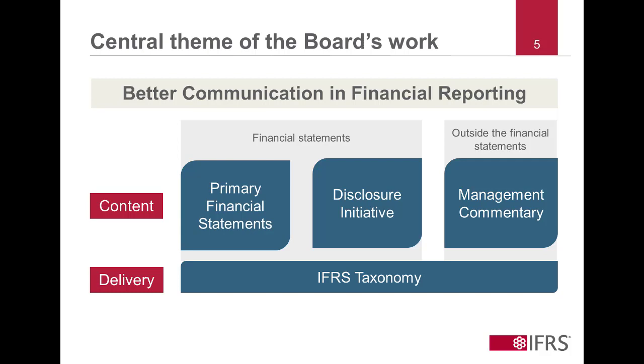The third component is looking at how to improve the information in the front half of financial reports, for example, in the management commentary or MD&A. And then finally, the IFRS taxonomy provides the means by which this information can be delivered to users of financial reports. It addresses the needs of those users that prefer to receive IFRS financial information in an electronic format.